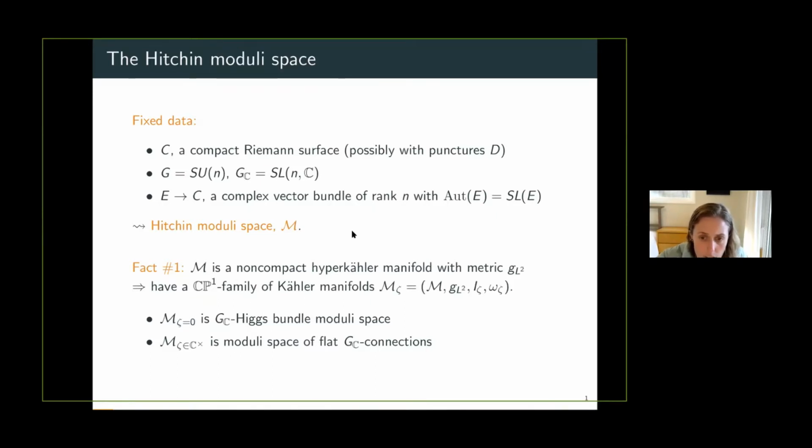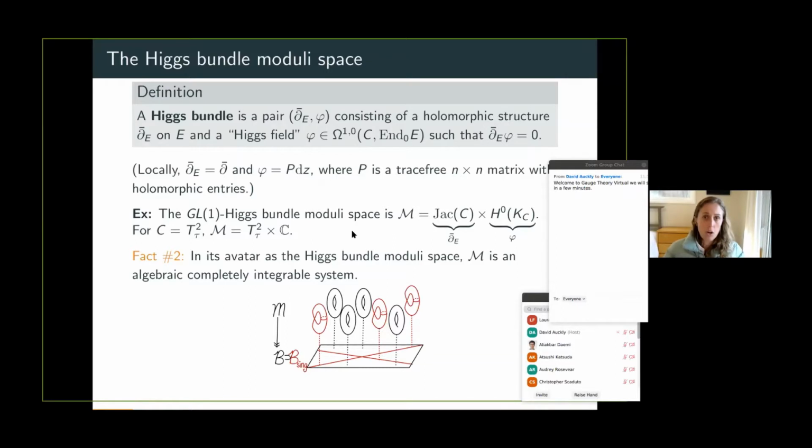Okay. So I'll take a Higgsy perspective. I'll be focusing on the zeta equals 0 complex structure because it is distinguished. A Higgs bundle is a pair consisting of a holomorphic structure on E and a Higgs field. The Higgs field is a 1-0 form valued in the traceless endomorphisms.